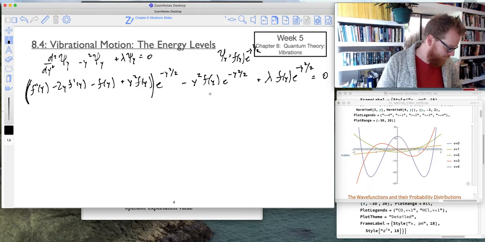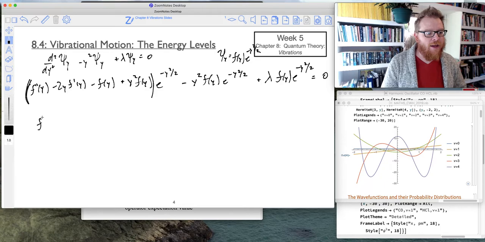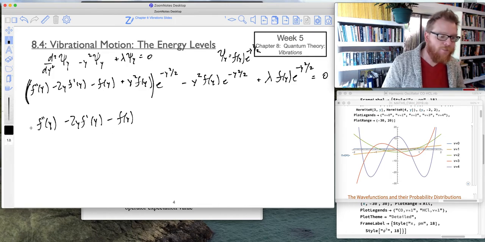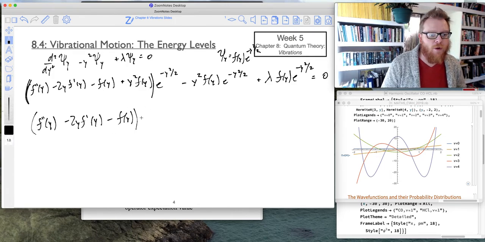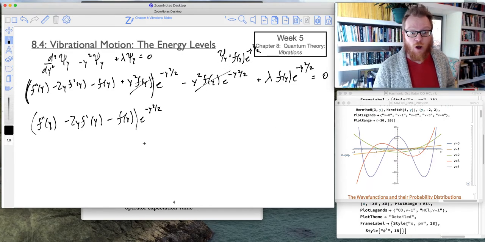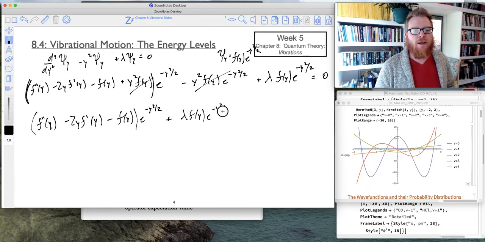So now I can say f double prime of y minus 2y f prime of y minus f of y, and all of that is still multiplied by e to the negative y squared divided by 2. And now that chunk goes away. So this is just plus lambda f of y e to the negative y squared divided by 2.